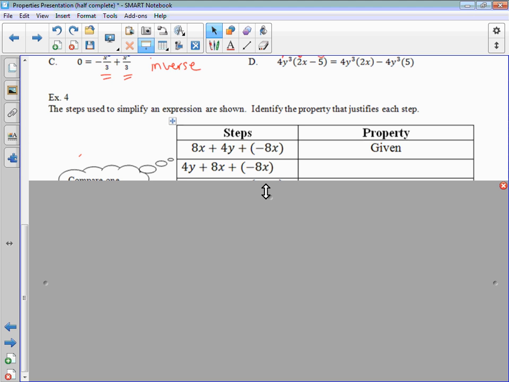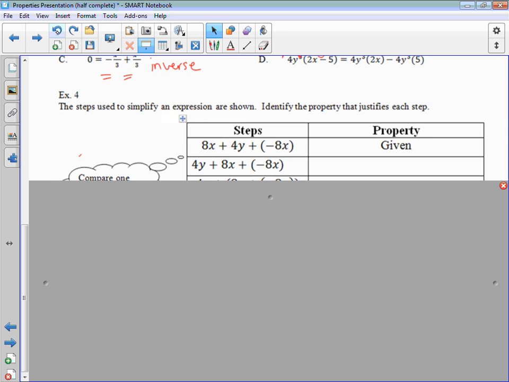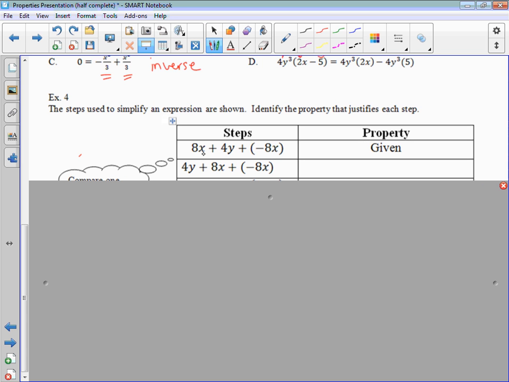What did the parentheses change? No. The order changed, right? What property says you can switch the order? The commutative property. All they did was they switched the order of these two. So that's the commutative property.